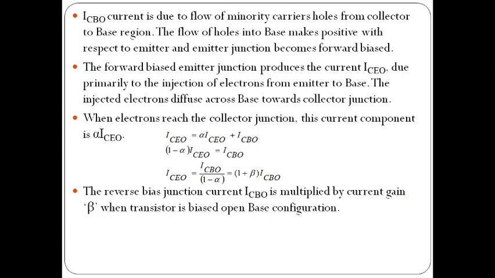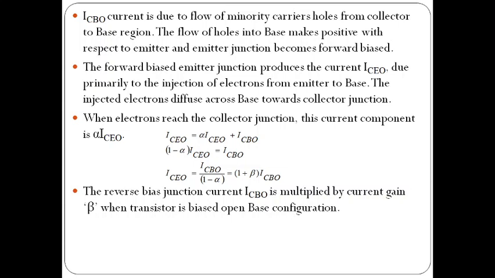That means when the transistor is biased in open base configuration, the reverse saturation current ICBO is multiplied with the current gain. So here we can get more current. Beta is a large value, so it is multiplied by 1 plus beta times, and we can get a much larger current. Due to this high current, again the transistor may be damaged and the junction will break.